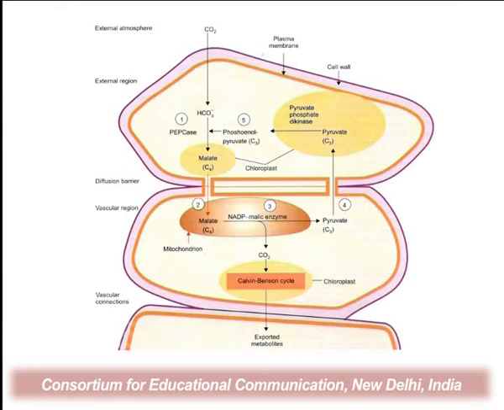Notwithstanding this huge discrepancy, we concluded that C4 plants were much more efficient photosynthetically in terms of productivity and carbon fixation, because they did not show the so-called wasteful process of photorespiration.